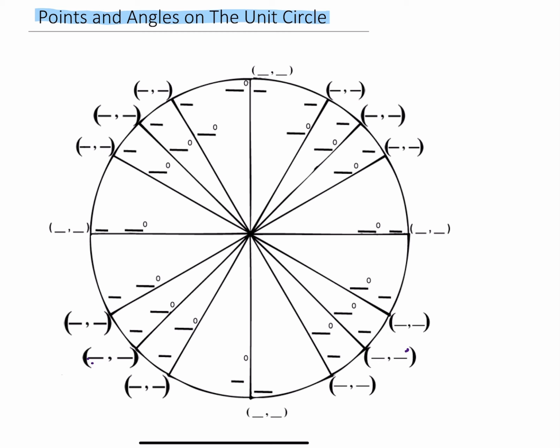So for each of these, there's a spot for the degree measure and then the radian measure. So this is 0 degrees or 0 radians. We could also say 2 pi, but we'll leave it at that. And we said that's the point 1 comma 0. And then up here at 90 degrees, we've said that's pi over 2. This is the point 0, 1. Over here at pi, this is 180 degrees, -1, 0.